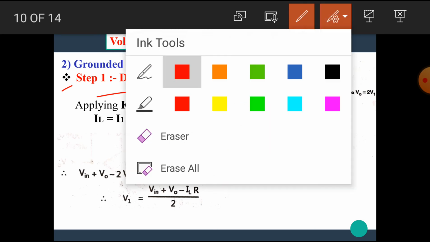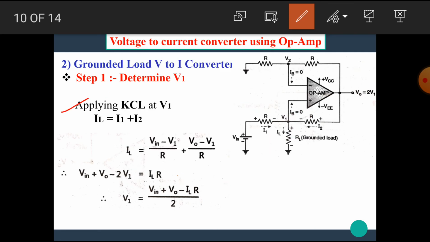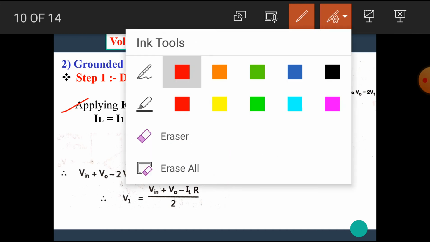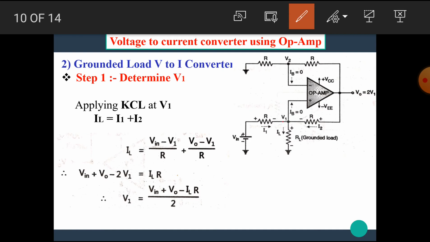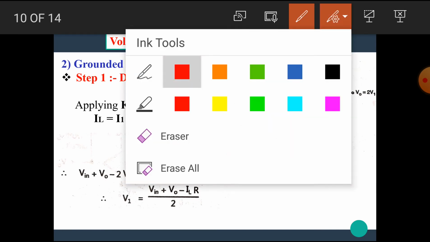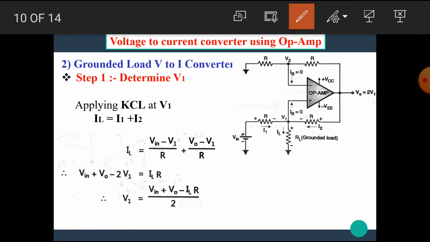Now applying Kirchhoff's current law at V1, at this point V1 we have to apply Kirchhoff's current law, which says that the current entering the junction is always equal to the current leaving the junction. Here, the currents entering the junction are I1 and I2.